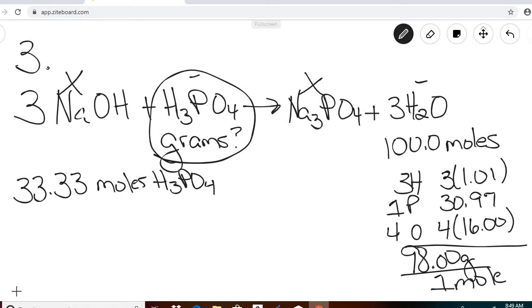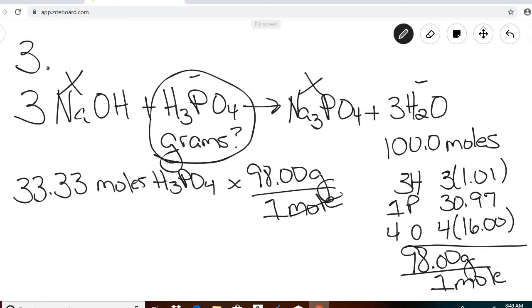Okay, so we are moving from moles to grams, so the grams is going to go on top. So 98.00 grams is 1 mole.